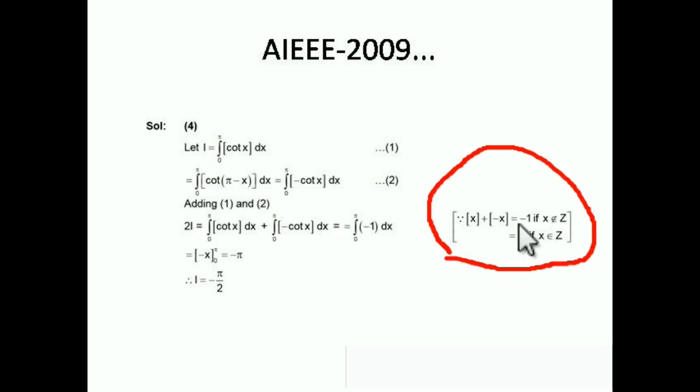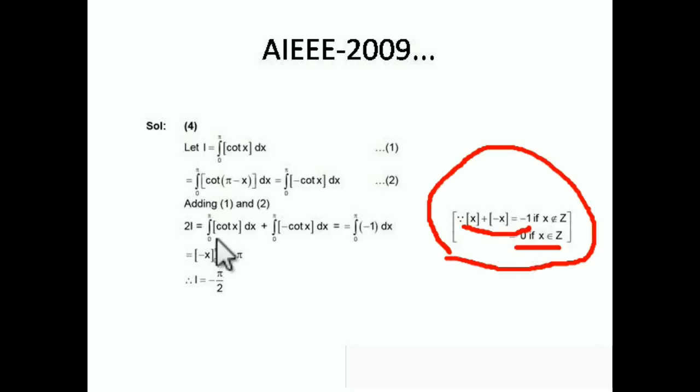So 2 minus 3 is minus 1. Now take a value from Z, that means let's take 2. Box of 2 is 2, box of minus 2 is minus 2, so 2 minus 2 is 0. So if x is an integer, then box of x plus box of minus x is 0, and if x is a non-integer value, then box of x plus box of minus x is equal to minus 1. This is a very important relation.